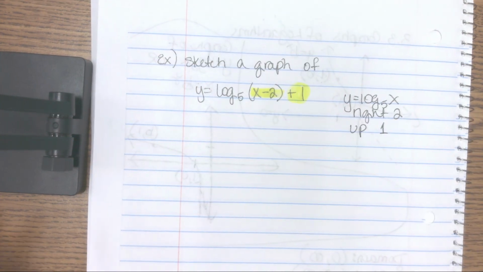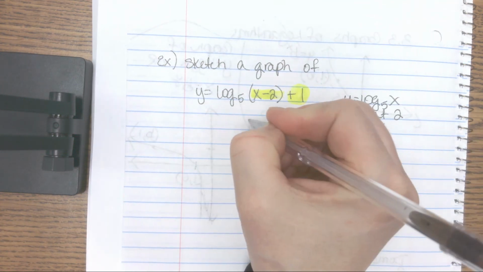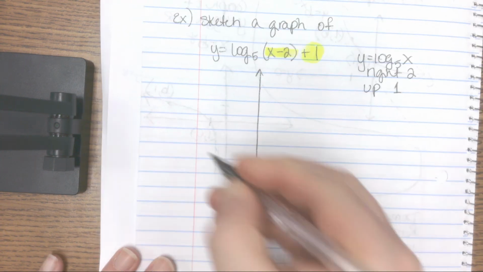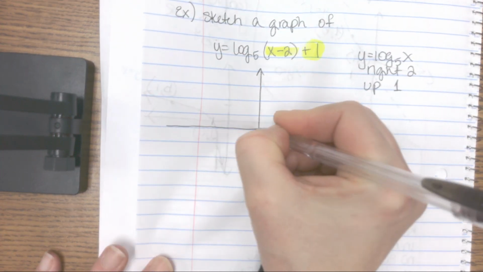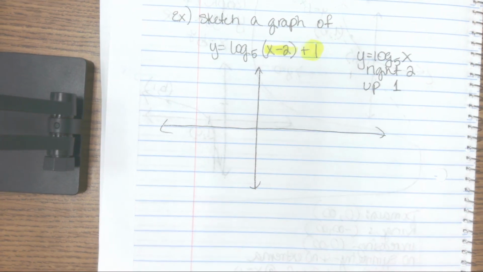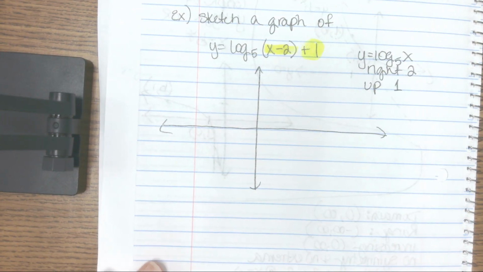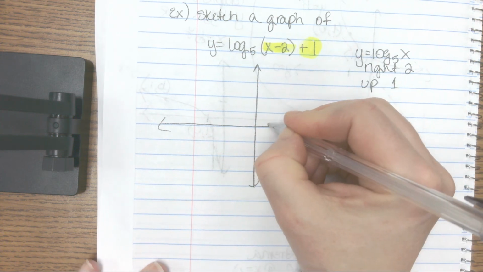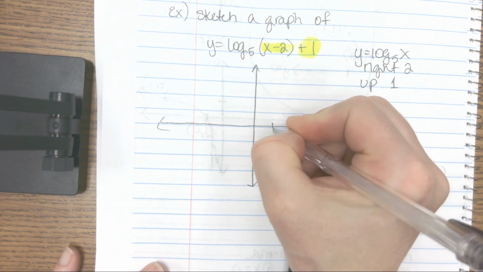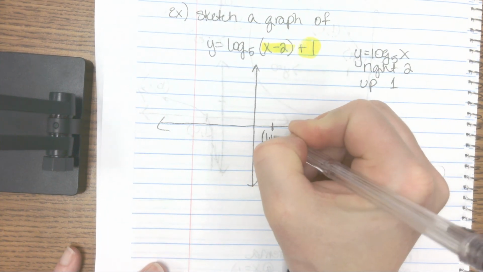So what I would be looking for then on this is, I think it's helpful to sketch the original and the new graph. So this is the original graph. The log base 5 of x goes through 1, 0 and 5, 1.